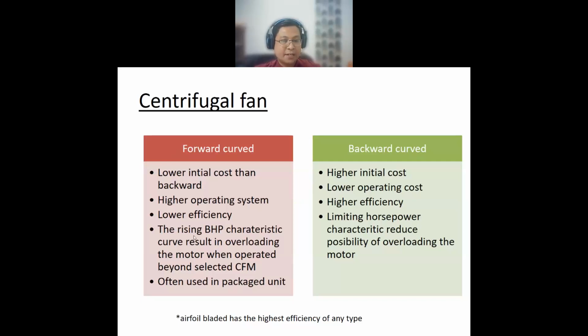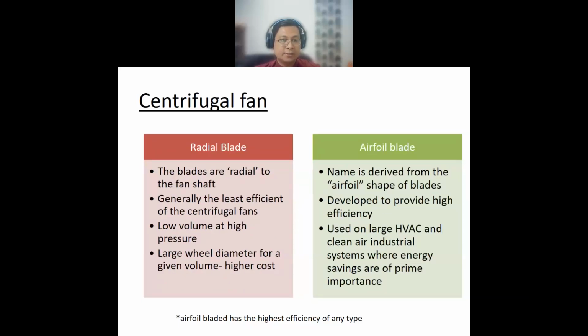The rising BSBB characteristic curve results in overloading the motor when operating beyond the selected CFM. So this one is the difference between the forward and backward curve under the centrifugal fan. In the radial, compared to the airfoil blade, the blades are radial. The name is derived from the airfoil shape of the blade.